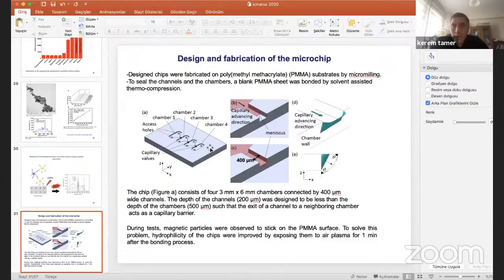This is like an ELISA, but it is a miniaturized ELISA. In the first chamber, we interact with the target, and in the second chamber we make a washing procedure. In the third chamber, we make some interaction with the label, and the last chamber is a measurement chamber.